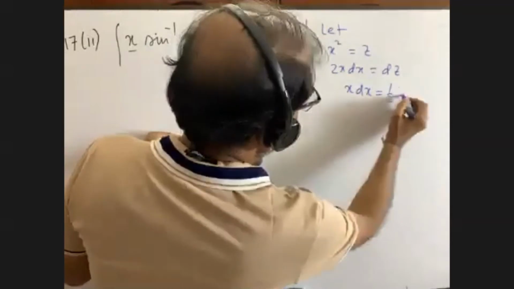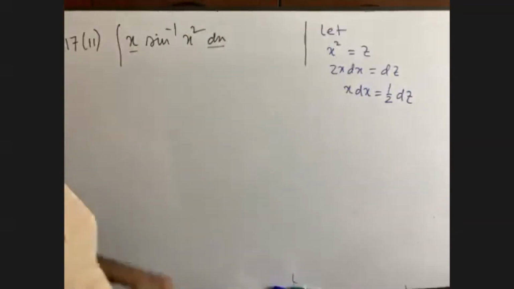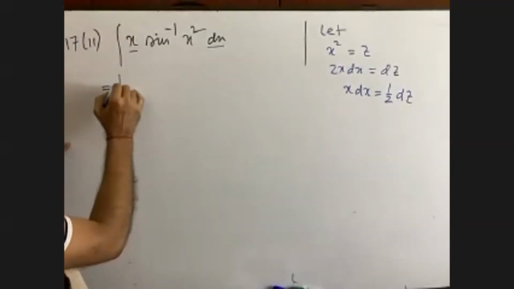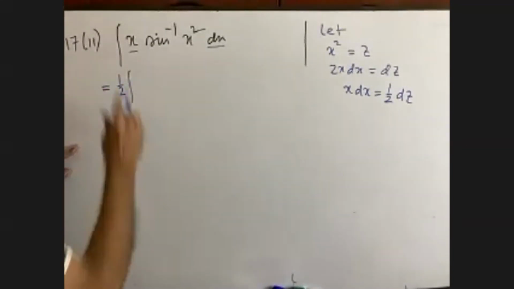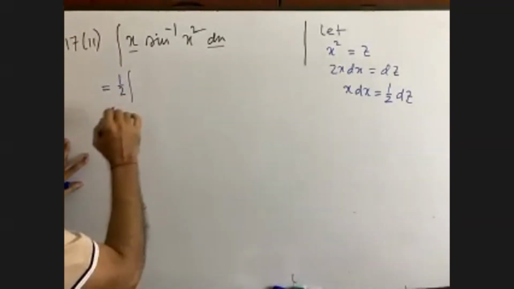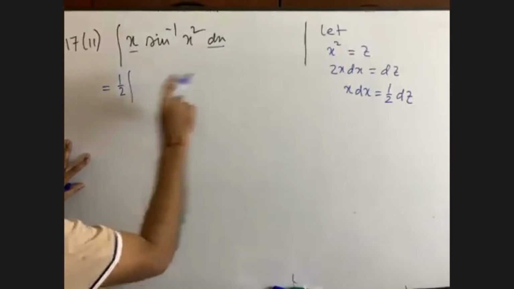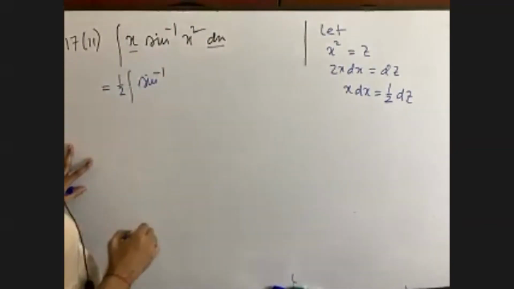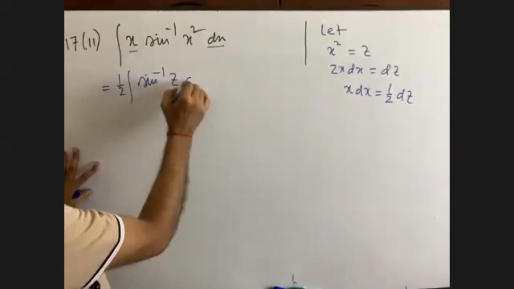Half dz. Now we try to put the value. It is half, x dx is dz, and sine inverse z dz.